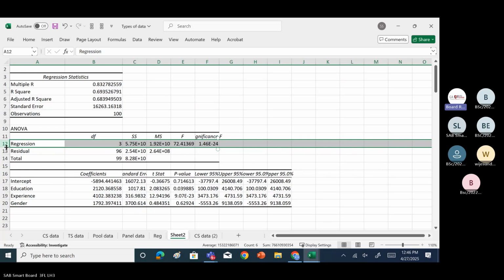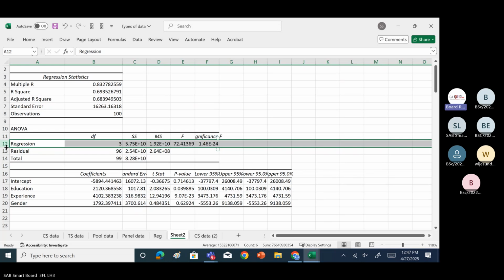Right. So then H3. How can you develop H3? Quickly develop H3. There is a significant positive impact of gender on salary.